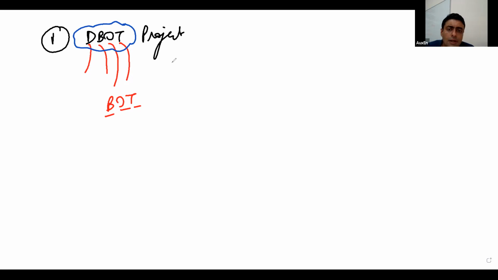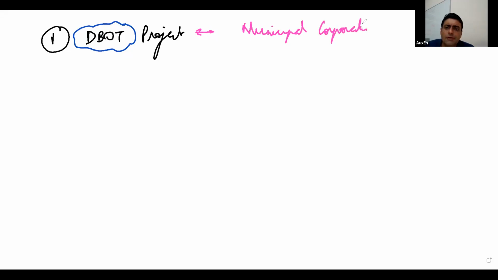This was one such DBOT project that was being done for the Municipal Corporation of Indore. The Municipal Corporation of Indore was the client, and the company had won the tender for this DBOT project, and to do the design work, we were chosen. So we were just doing the design work for it.